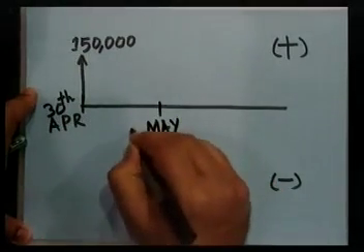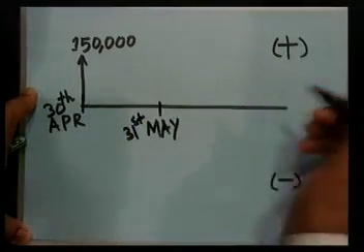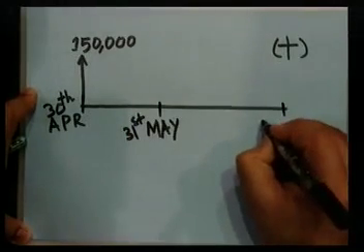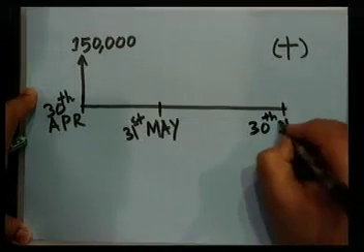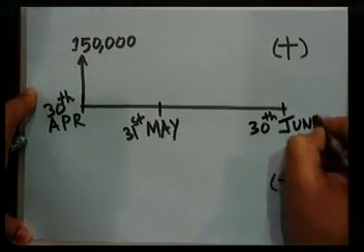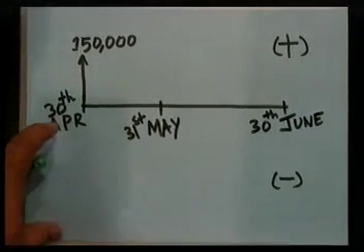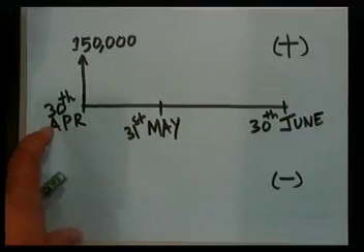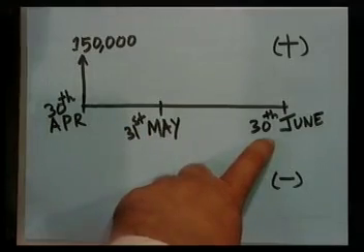This is 31st May. Then there could be June. 30th June. Right. Now you can see, just for explaining you, I am writing 30th April, last day of April, last day of May, last day of June.